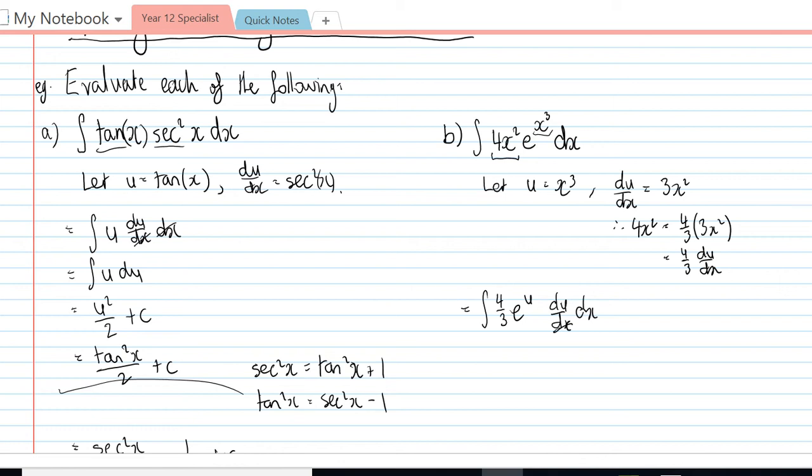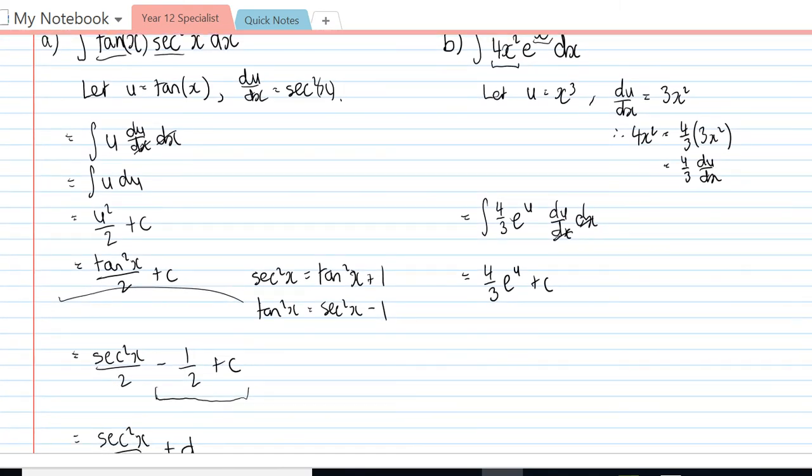Again, the dx's cancel each other out. So we're doing the integral of 4/3 e to the u, which works out to be 4/3 e to the u plus c. Making the substitution back, we end up with 4/3 e to the x cubed plus c.